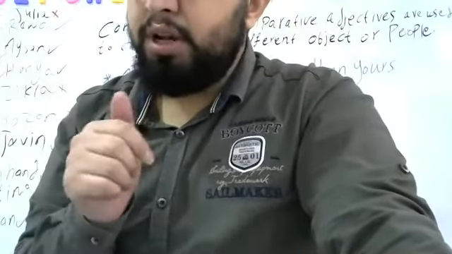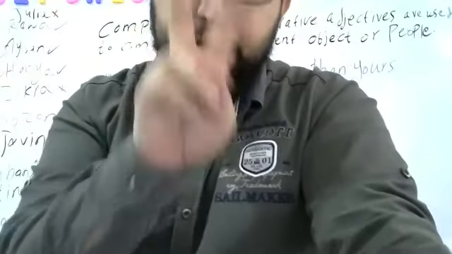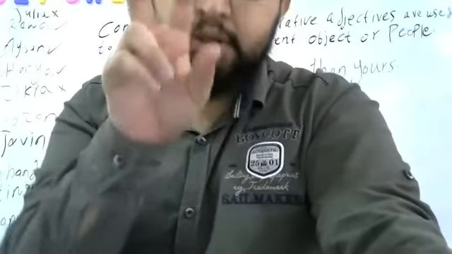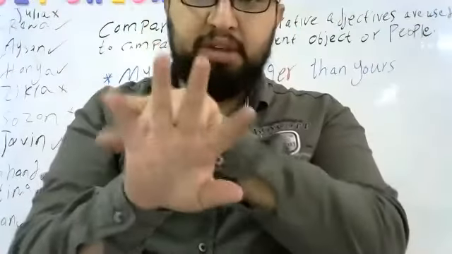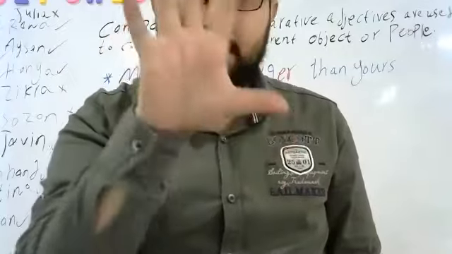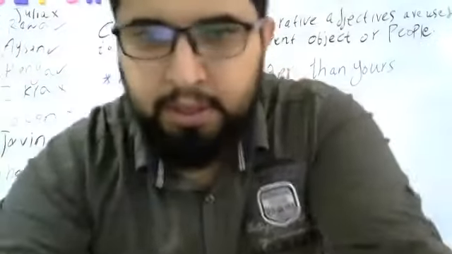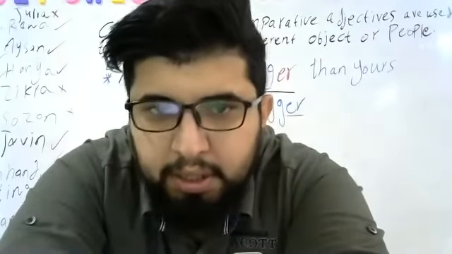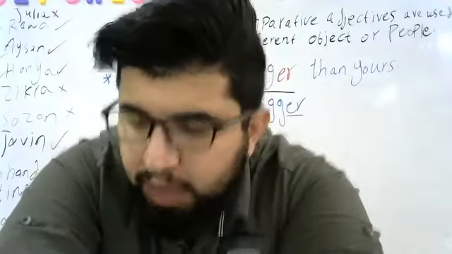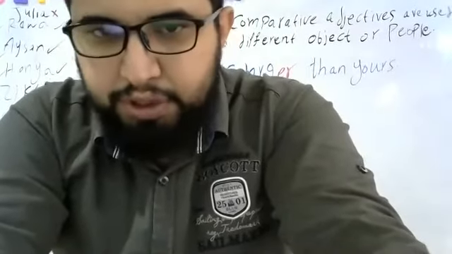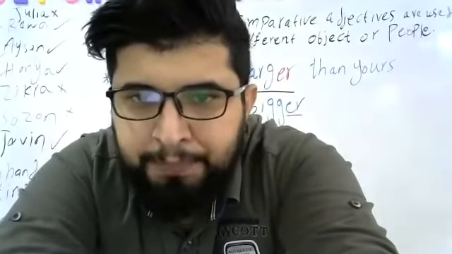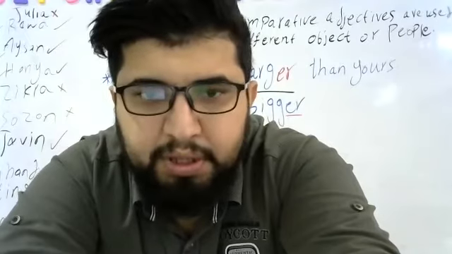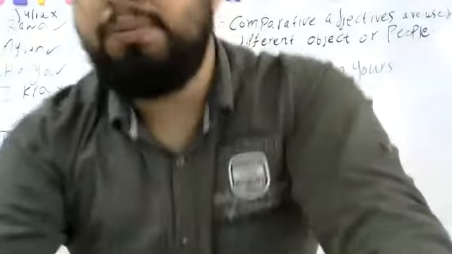Comparative is comparing two things or two people, but superlative is comparing a group, maybe 3, maybe 4, maybe 5 people or objects. Don't mix it with the comparative. How we differentiate between superlative and comparative is really easy. They are used in sentences where a subject is compared to a group of objects.